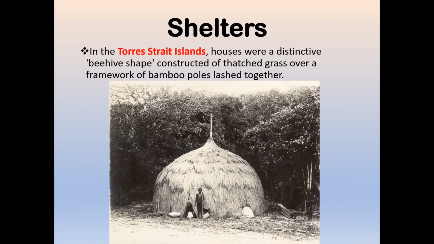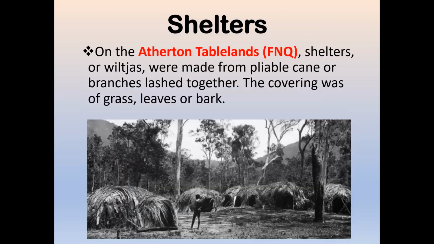It looks like an African-style hut too. So it's warm. Here, this is in the Atherton Tablelands in far north Queensland. These shelters are made from cane and branches all lashed together, and then they use grass and leaves or bark to cover them, so they were rainproof. The Atherton Tablelands are very wet.